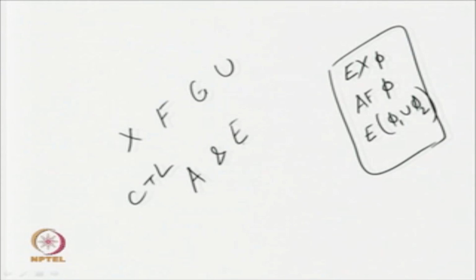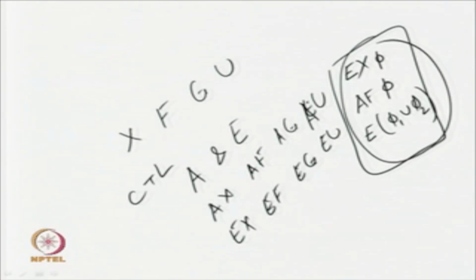Okay. So, we need basically 8 temporal operators that we have discussed till now. We have 4 temporal operators: next state, future, globally, until. With respect to these 4 temporal operators, we get 8 CTL operators with path quantifiers A and E, in all paths and in some existing path.